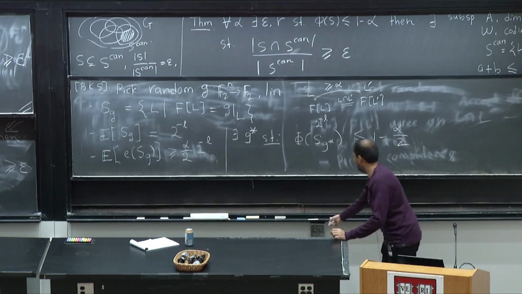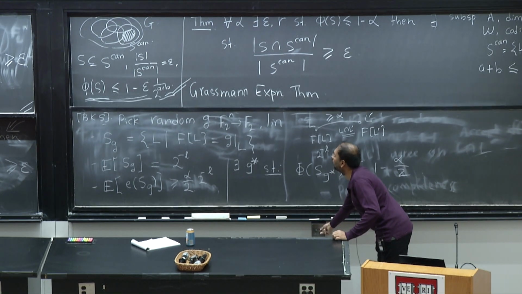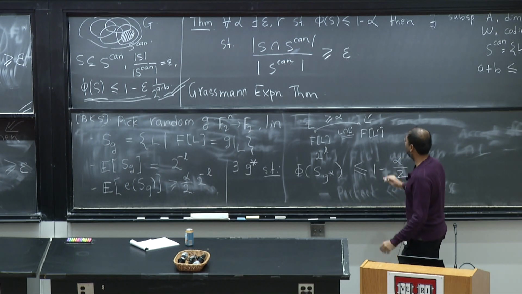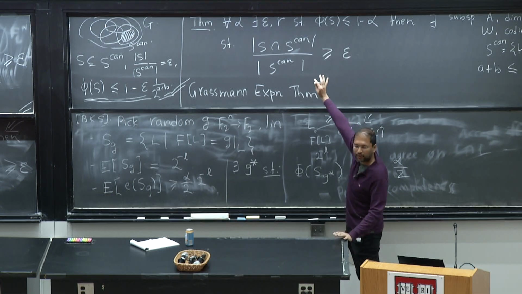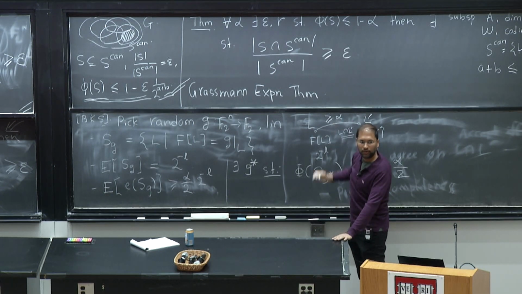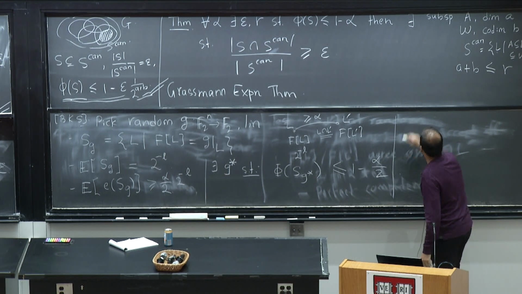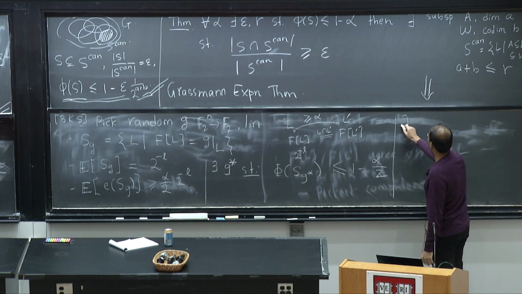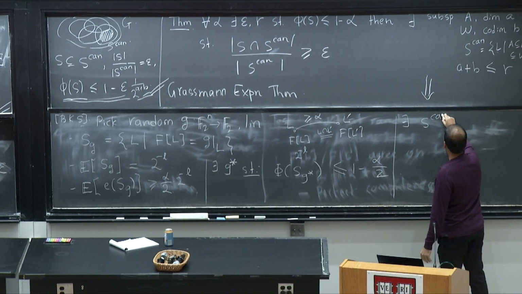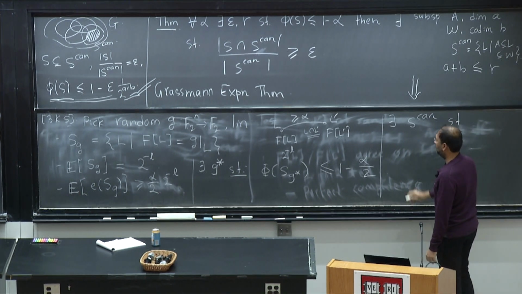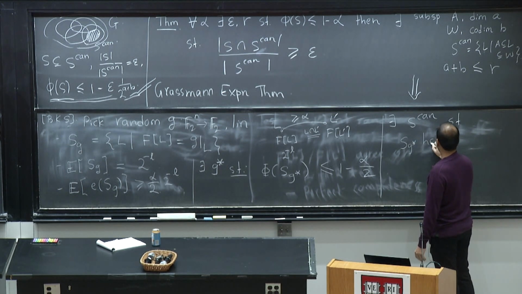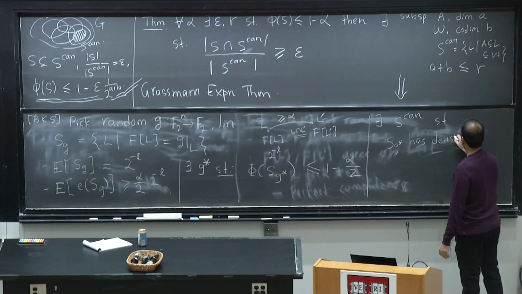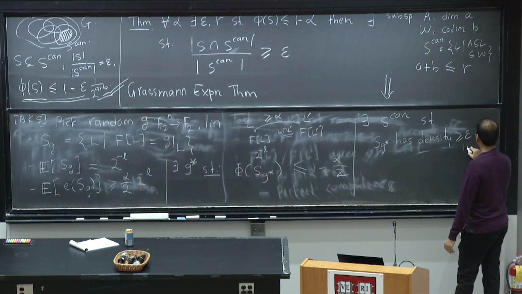And then we are done, because this is a set on which expansion is strictly below 1, and therefore once I'm allowed to zoom into some canonical set, its density becomes a constant. So this implies that there exists some canonical set such that this set S_g star has density at least epsilon inside the canonical set.